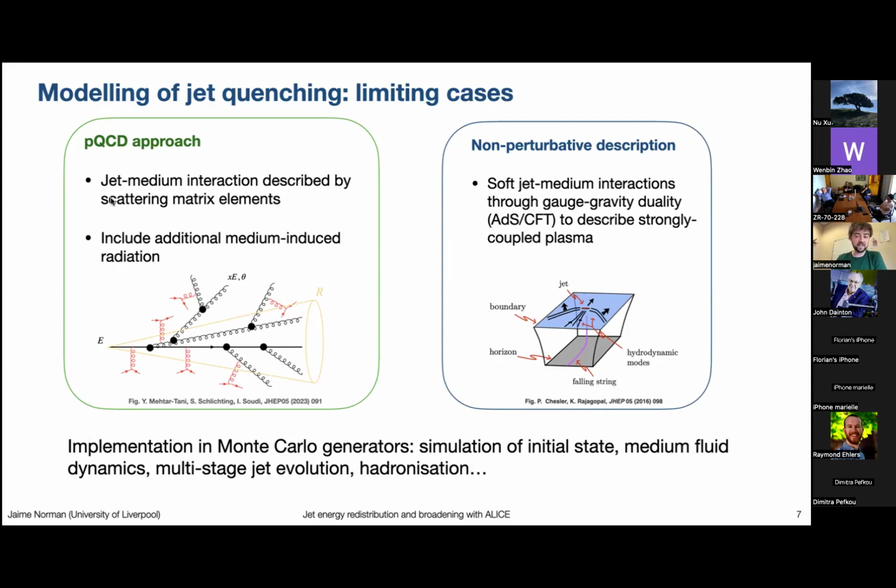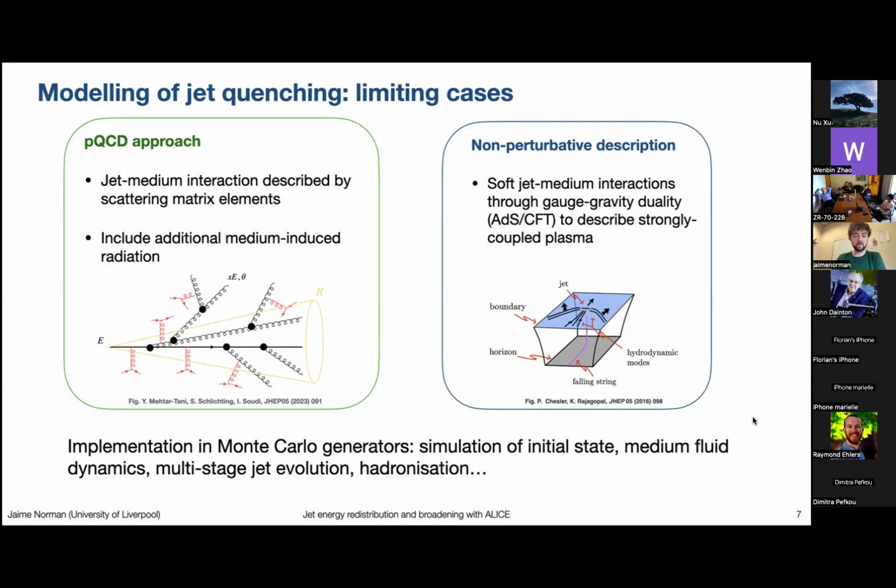Nowadays, these techniques are implemented in Monte Carlo generators, which are detailed simulations of all aspects of the collisions from the initial state, the medium fluid dynamics, the jet evolution, all the way up to the partonic hadronization.